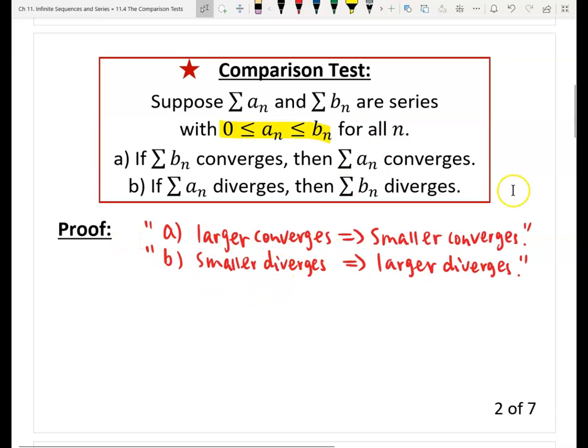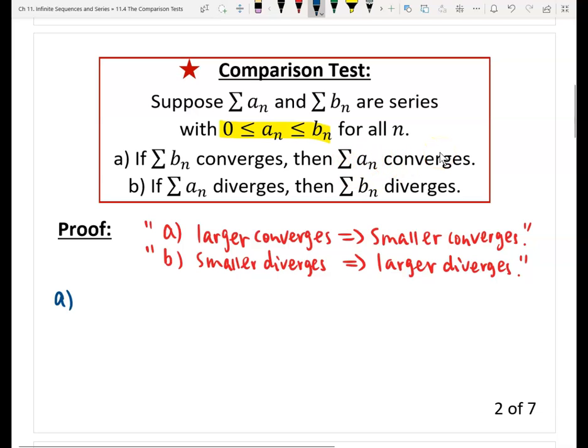Now let's prove it. We go to the first one. Suppose the B series converges. How do you show the A series converges? So far we have one rule, the definition. We need to use the partial sum sequence converging. We need to look at the partial sum.